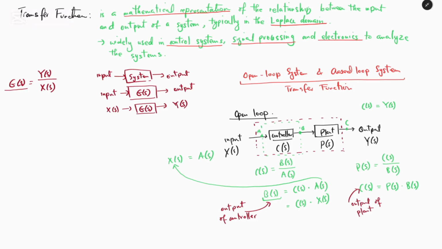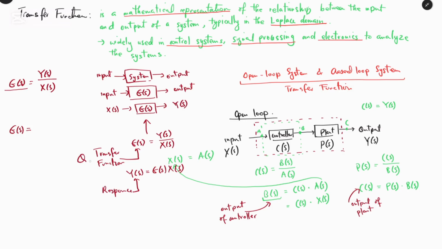If we now want to find the overall, then we can simply say that G of S is equal to Y of S over X of S, and the response, which is now Y of S, is equal to G of S times X of S. It is very important to know that G of S is the transfer function and Y of S is the response of the system.